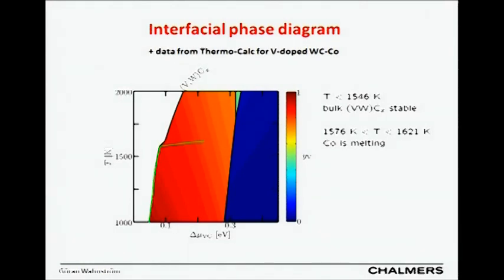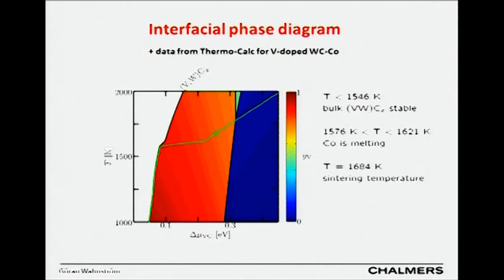Then it's liquid, and you can continue in temperature up to a sintering temperature. The prediction is that at the sintering temperature, you are still in this region where you have these thin films. So the claim is that these are very crucial for this growth behavior. The tungsten carbide is covered by a thin film of vanadium carbide, and that influences the growth property immensely. If you continue up in temperature, the thin film will disappear, and you enter this blue region.